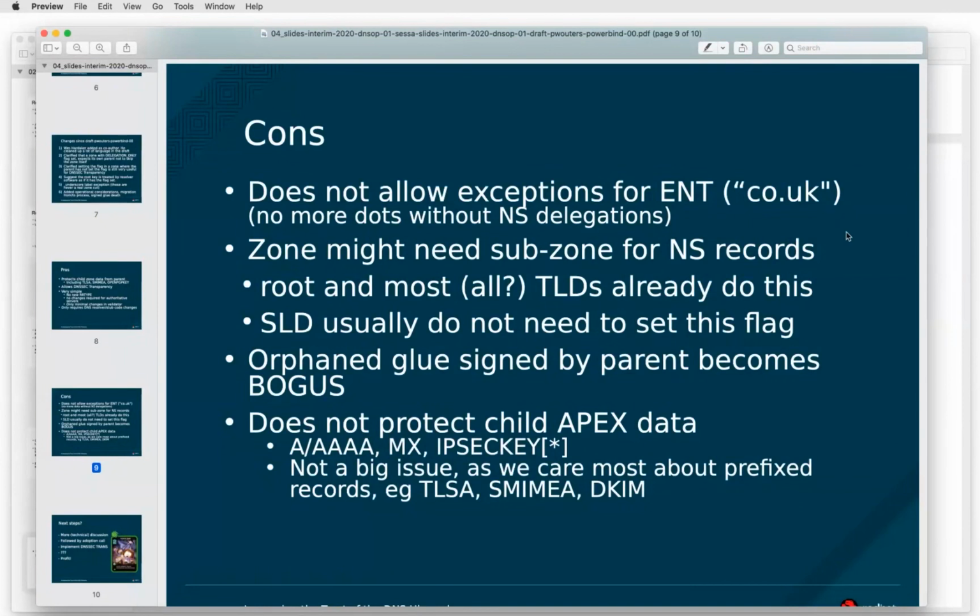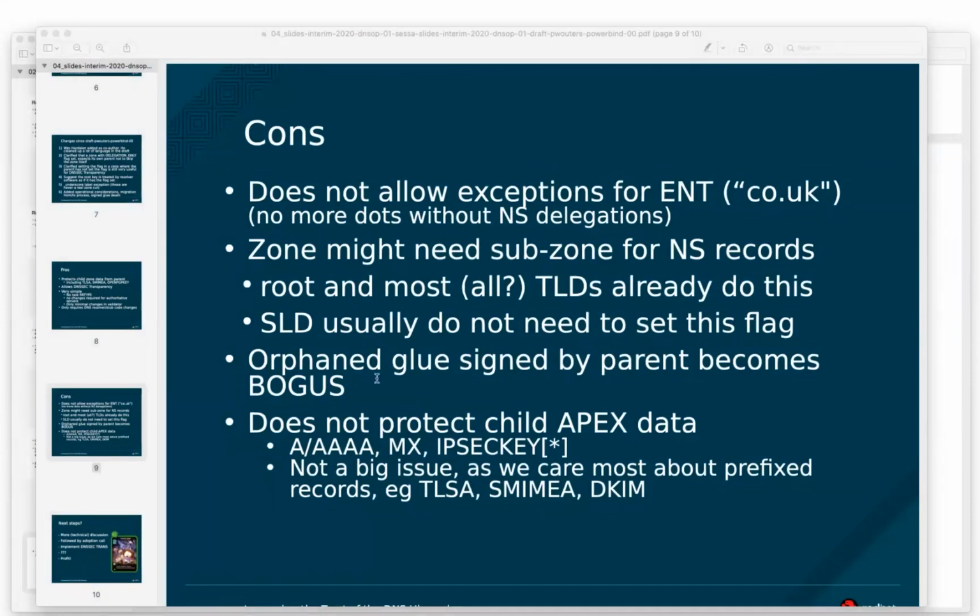No, but it still wouldn't be a delegation one dot away. It would be authoritative data one dot away, which the flag prohibits, unless I'm missing something. I think we're talking about the different zones, the parent versus the child.